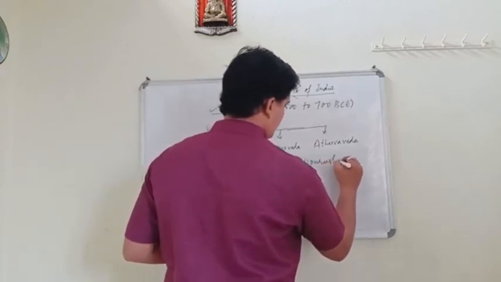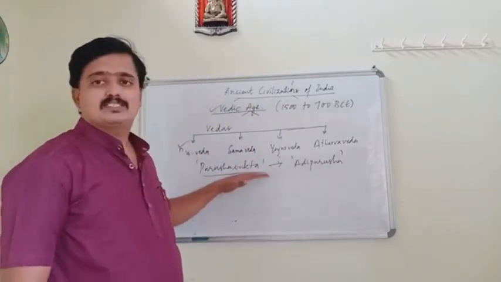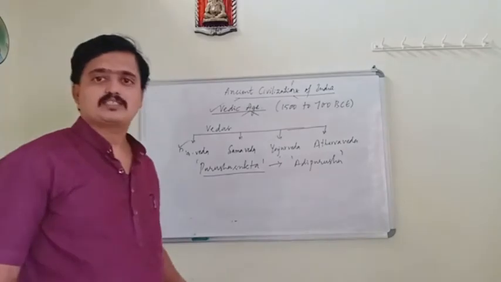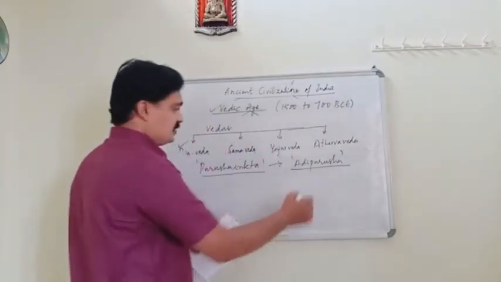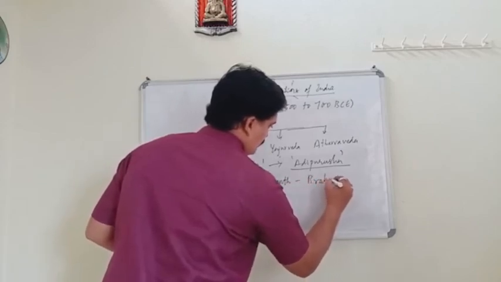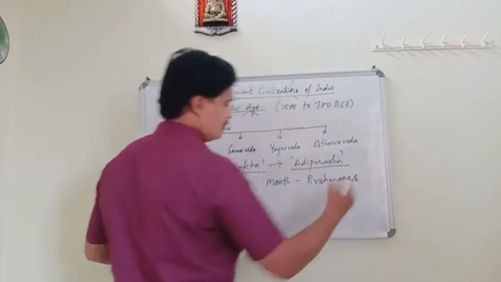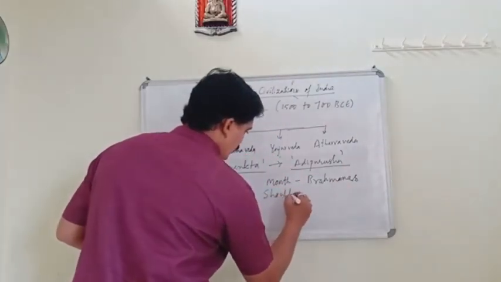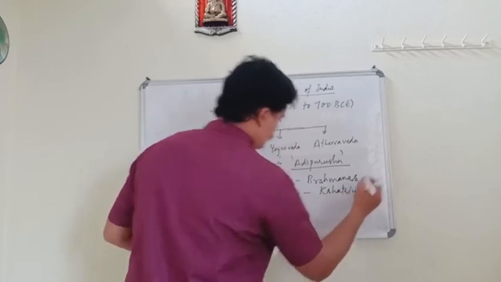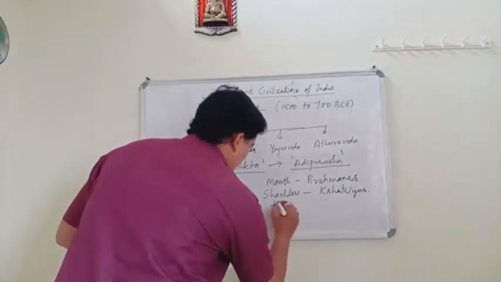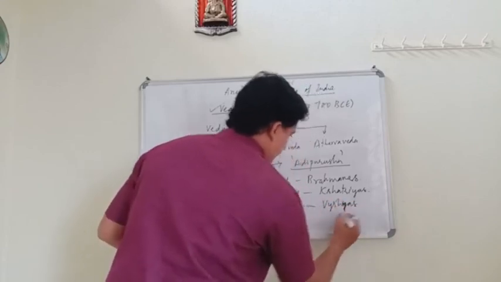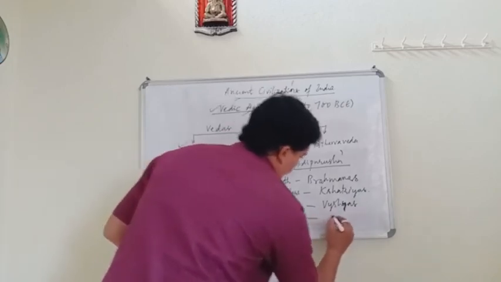See, in the Adi Purusha, whose mouth became Brahmanas, whose shoulders became Kshatriyas, whose thighs became Vaishyas, and whose feet became Shudras.